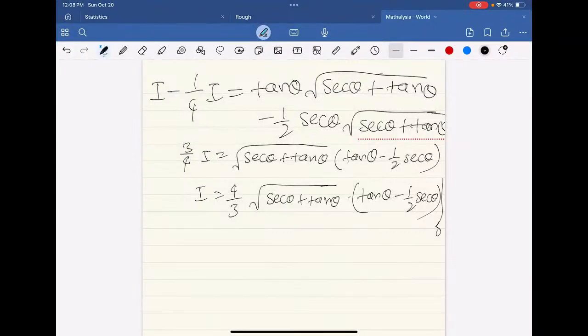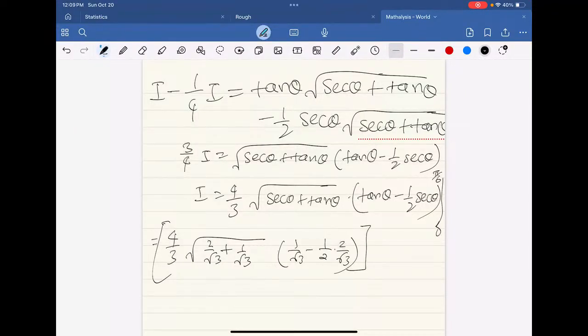From 0 to pi by 6. At pi by 6, sec pi by 6 is 1 over cos pi by 6, and cos pi by 6 is root 3 by 2. So sec pi by 6 is 2 by root 3, plus tan pi by 6 is 1 by root 3, times tan pi by 6 is 1 by root 3 minus 1 by 2 times 2 by root 3, minus at 0, this is 4 by 3, sec 0 is 1 plus tan 0 is 0, times tan 0 is 0 minus sec 0 is 1, right?